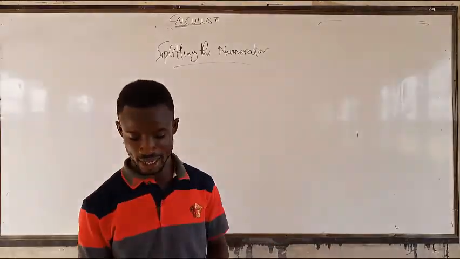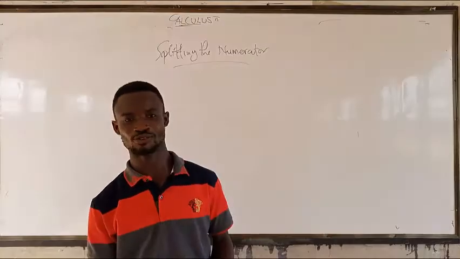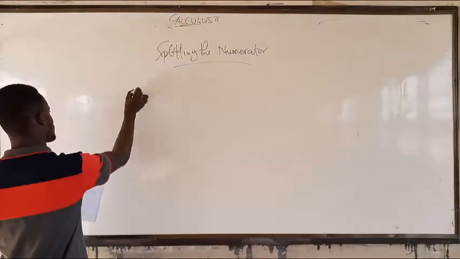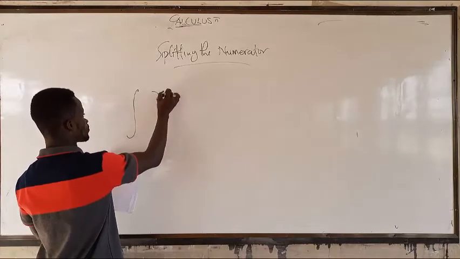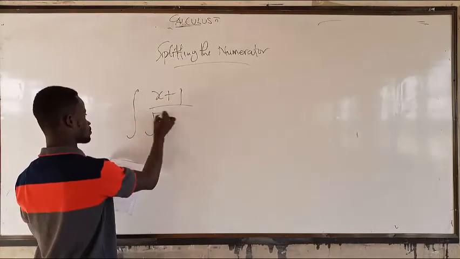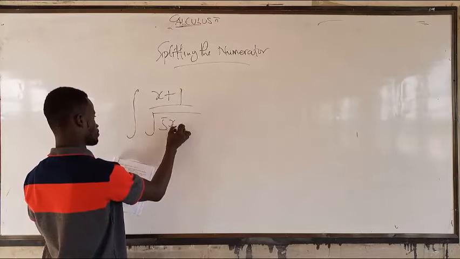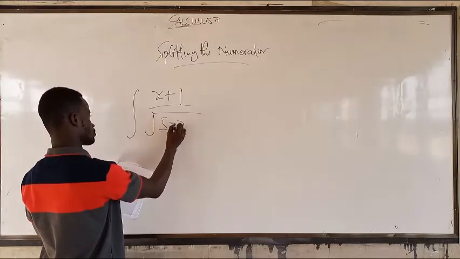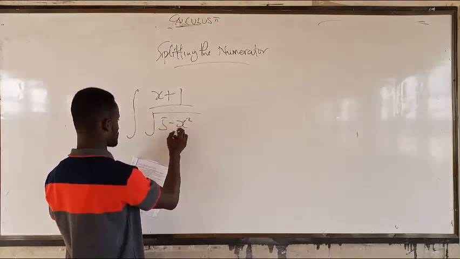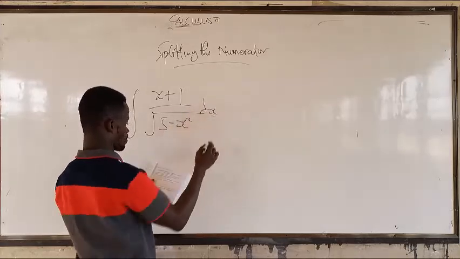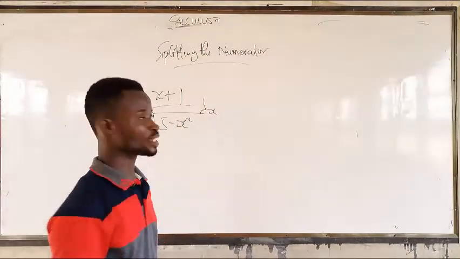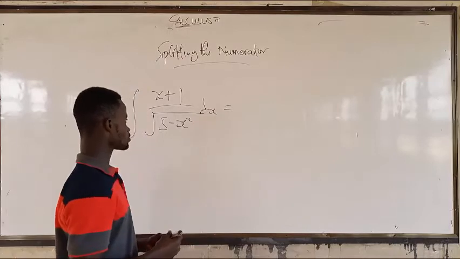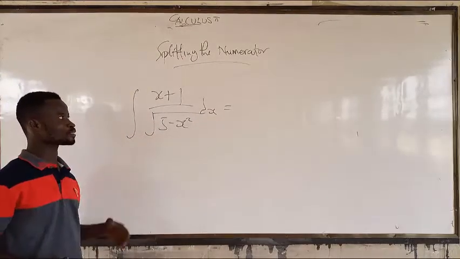There is another one. In fact, I want to introduce you to more techniques. With this one, we can split it for it to be simple for us. You see, it seems complex, but it's not complex.